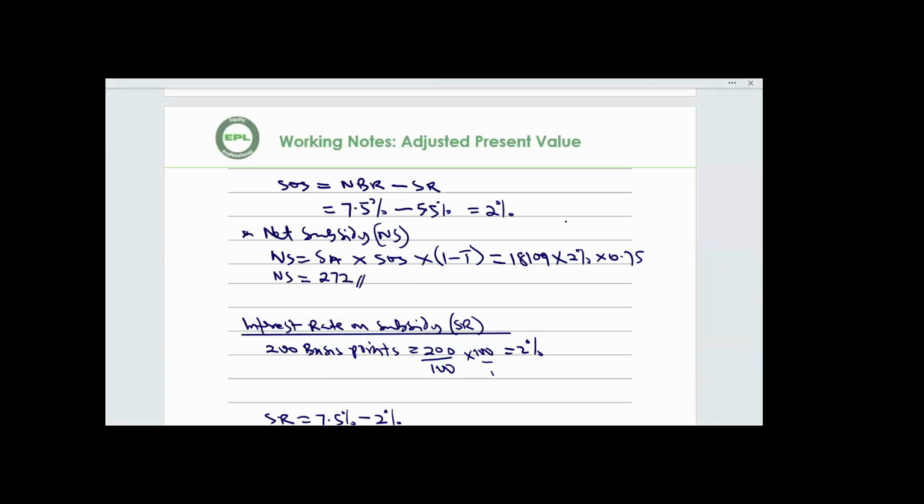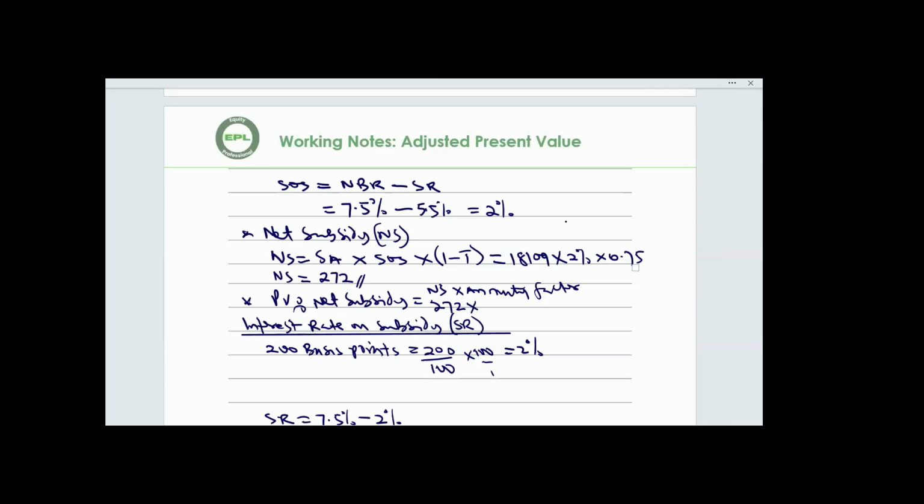Now the final step is to calculate the PV of net subsidy. The PV of net subsidy will be equal to net subsidy multiplied by the annuity factor. Net subsidy is 272.